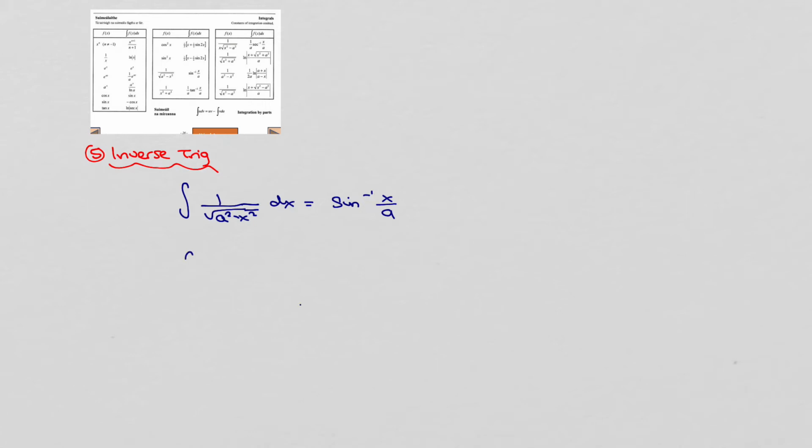But often we'll get something like 1 over the square root of a squared minus a function in x squared dx. And again, we'd have to write that as something squared. Then when we integrate, it would be 1 over that function differentiated times sine inverse of f of x over a plus c. And I should say plus c there as well.